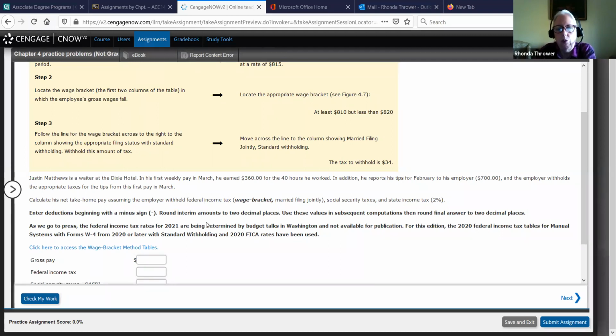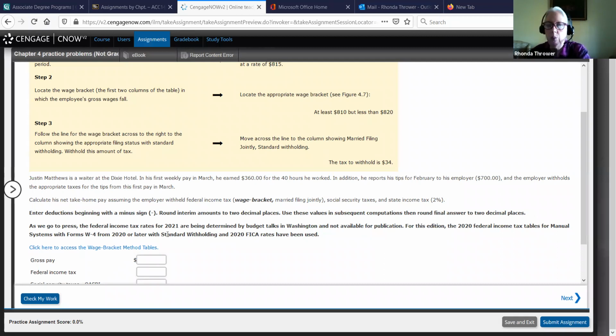You're also going to round interim amounts to 2 decimal places, and you're going to use these values in subsequent computations, and then you're going to round your final answer to 2 decimal places. Another thing that's very important, notice they have it in bold here because they really want you to read this. As they go to press, the federal income tax rates for 2021 are being determined by the budget talks in Washington.